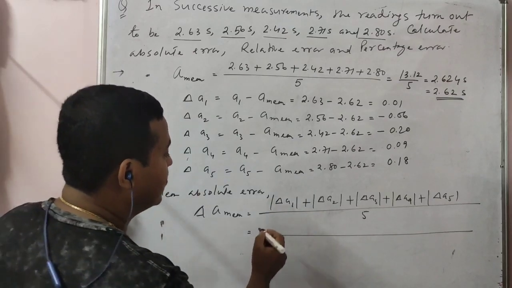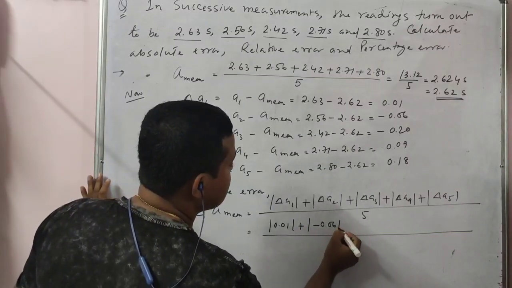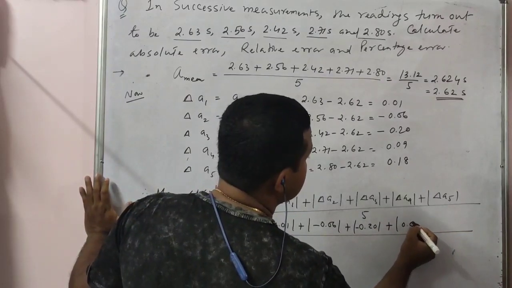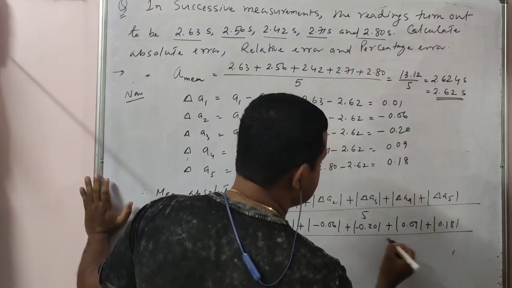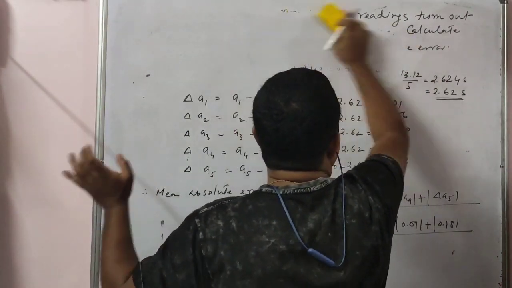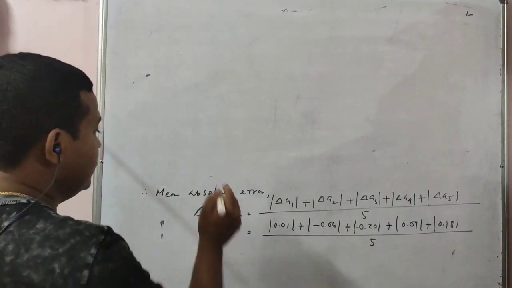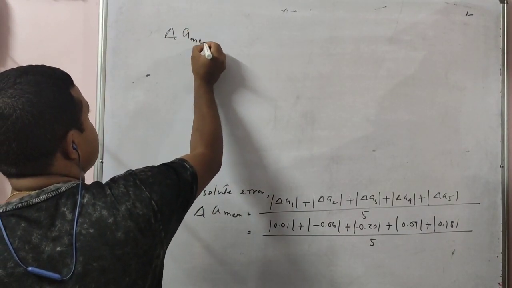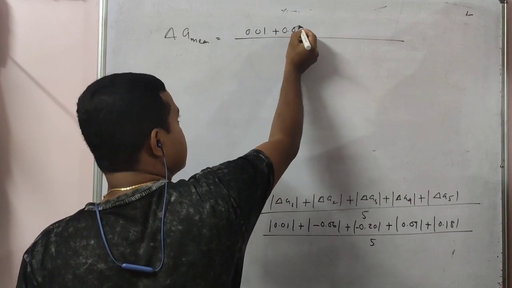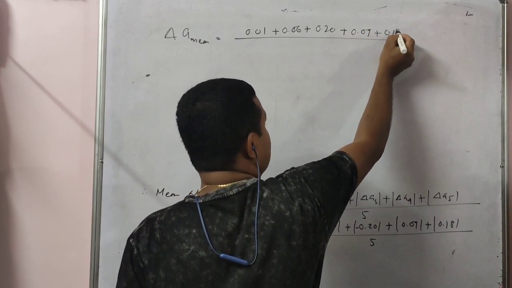So delta A mean will be 0.01 plus 0.06 plus 0.20 plus 0.09 plus 0.18 divided by 5.